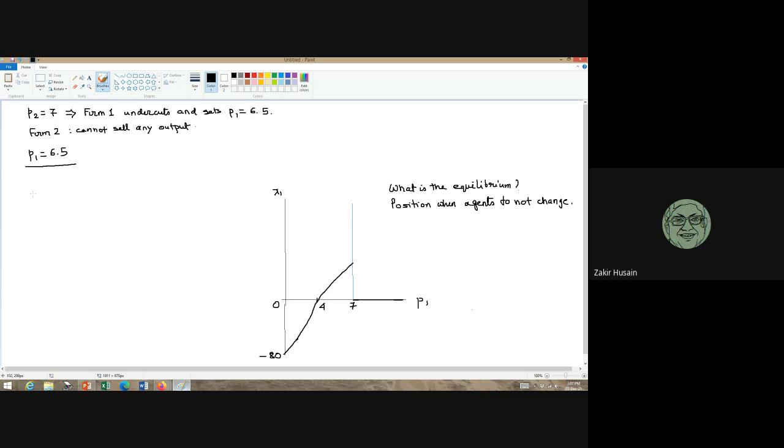So firm 2 has got certain options. He can either continue with P2 greater than 6.5. In that case, Q2 is equal to 0. He can set P2 equal to 6.5, and the market is shared. Or he can decide to undercut the first firm. In that case, he captures the market, and no one will buy from firm 1. So what is he going to do?